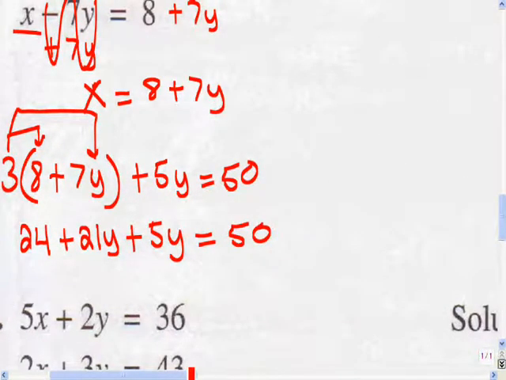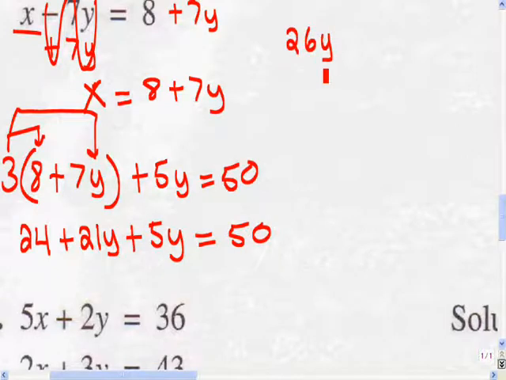Now I combine everything that can be combined. Here, the only things that can be combined are the y's. 21y plus 5y equals 26y, and all I have left is a 24. I could put the 24 in the front of the y's or in the back. It doesn't matter, it won't change my answer.